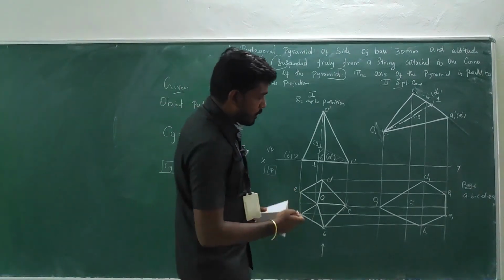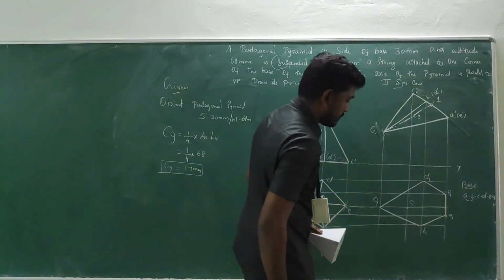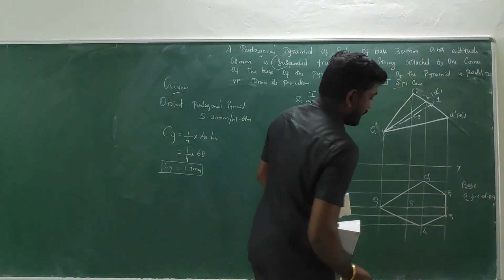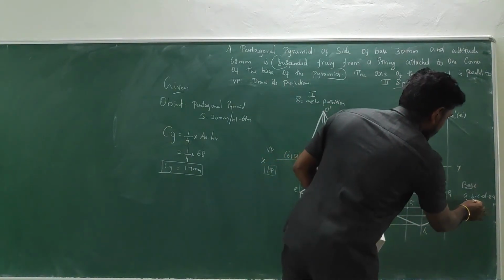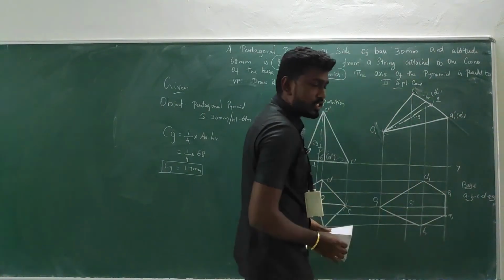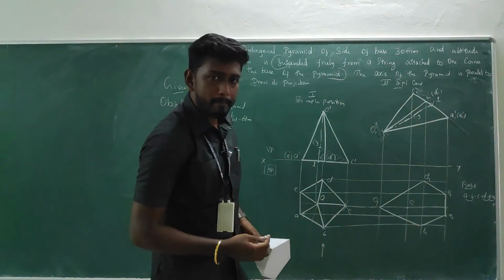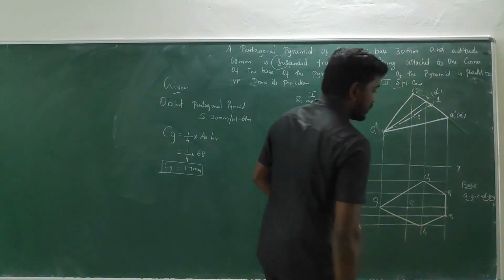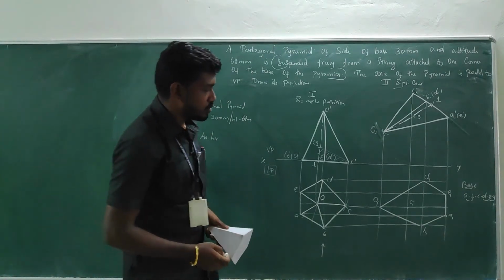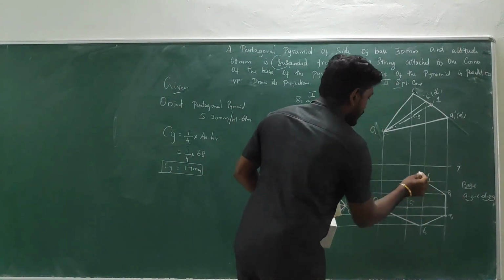In the boundary, B to A is done, A to E is done, and then E to D is done. Okay. What is remaining? B to C and C to D is remaining.